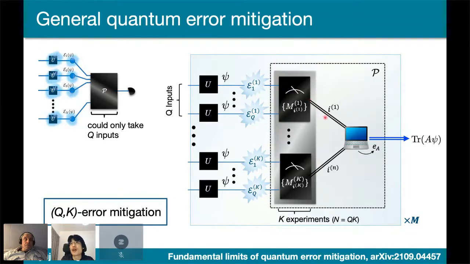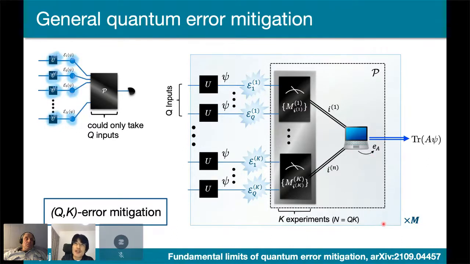Then what we can do is to apply classical post-processing. I take the measurement outcomes from each experiment, from I1 to, there is some typo here, this small n should be large k, so this is I1 to Ik. Then I use these as an input to some classical function, so that I output some estimation for the expectation value trace of A times rho.